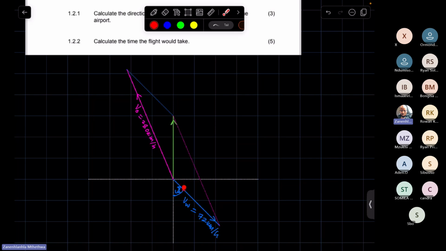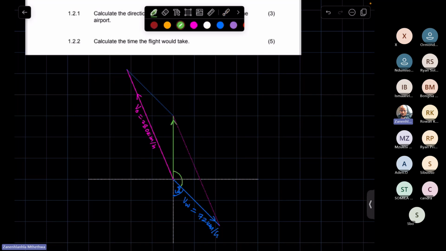So what is this angle equal to? It's 135. 135, right? Now, if that's 135, this angle alternates with this one.